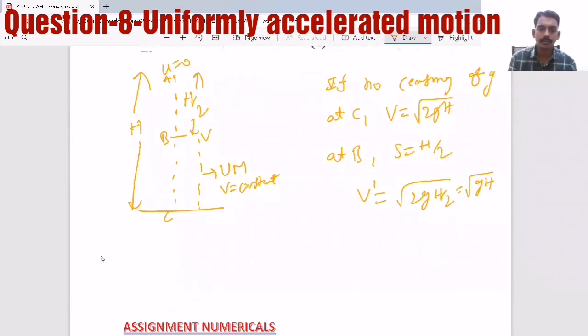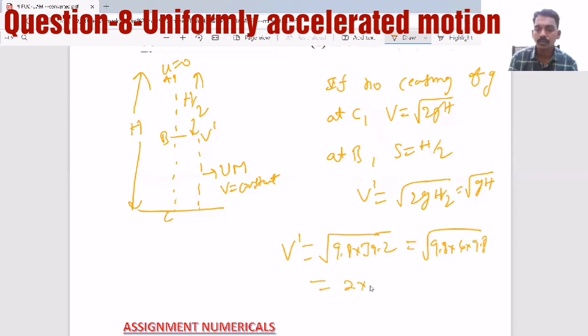No, we want v dash only, because after that instant it became constant. So v dash equal to root of g, 9.8, into 39.2. Now we can write it as 4 into 9.8, so 9.8 into 4 into 9.8. Root 4 is 2, root of 9.8 into 9.8 is 9.8. So 19.6 meter per second.